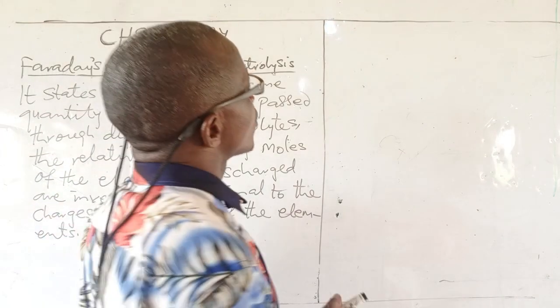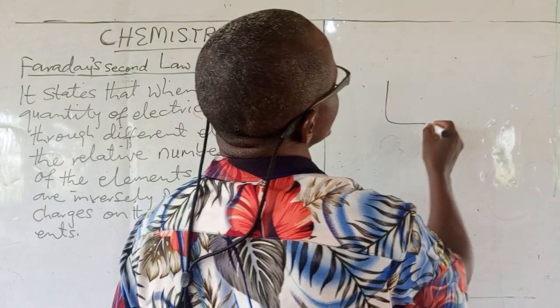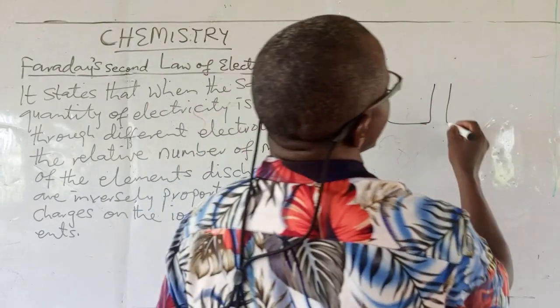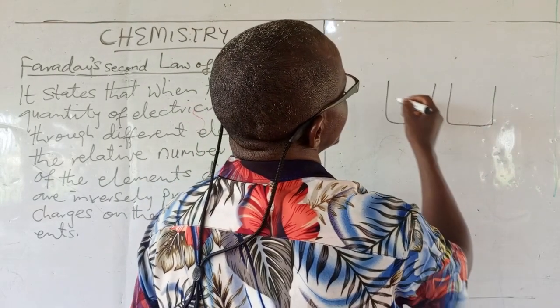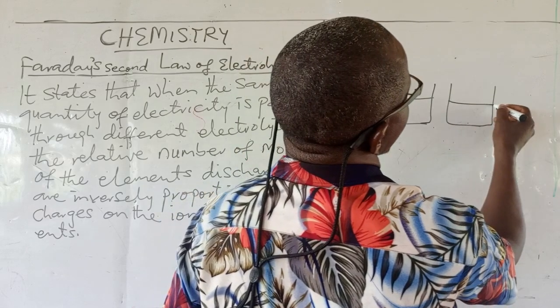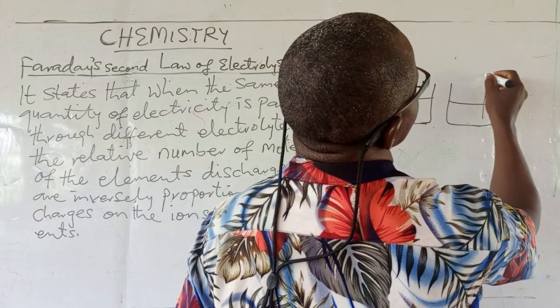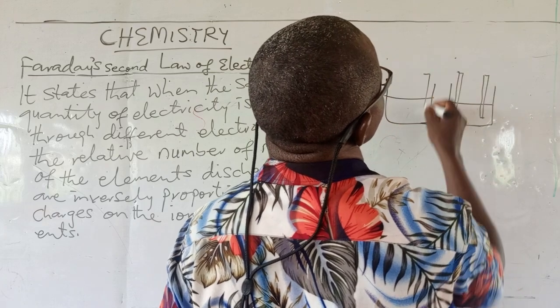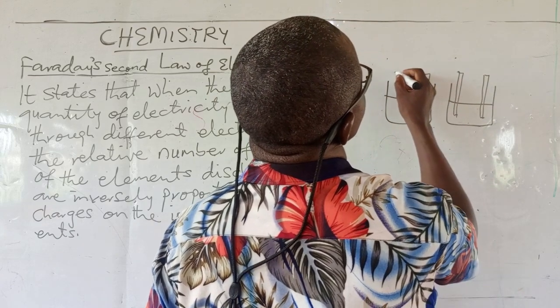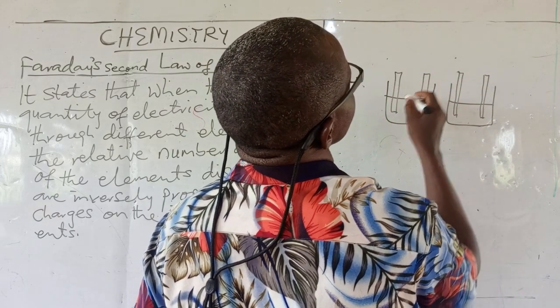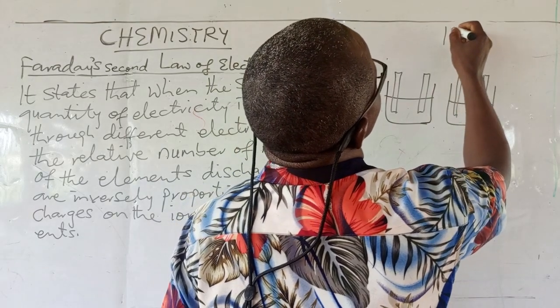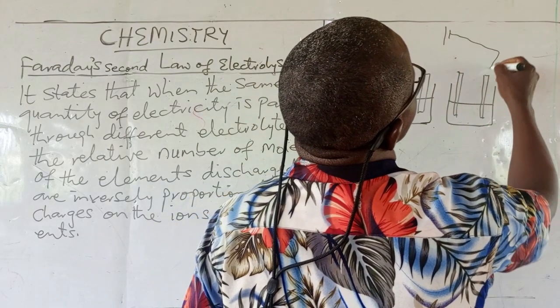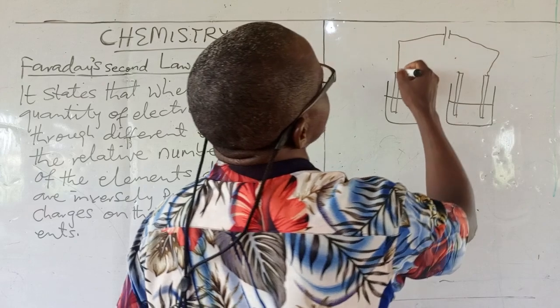For example, what that law is talking about: two electrolytes in two different beakers, put electrodes in each. Now, assuming I connect this to this, connect this to this.